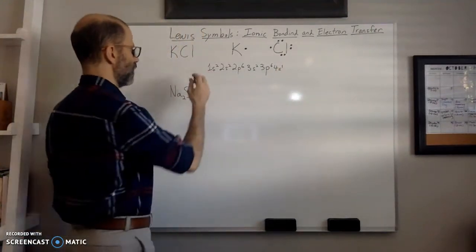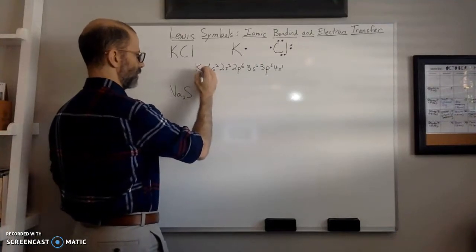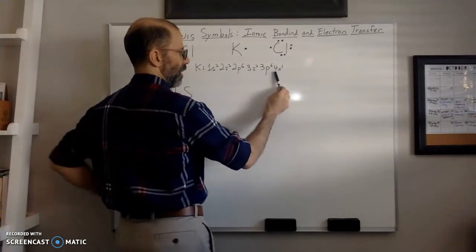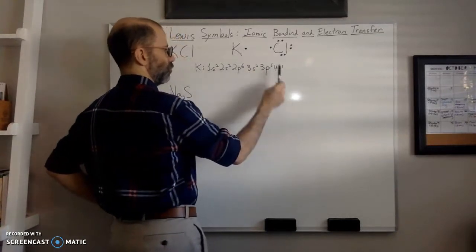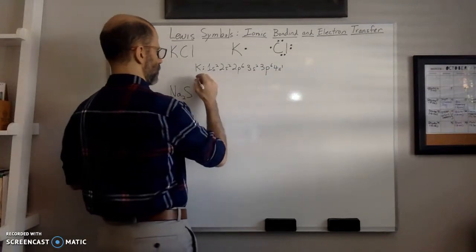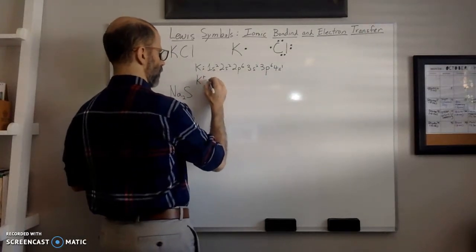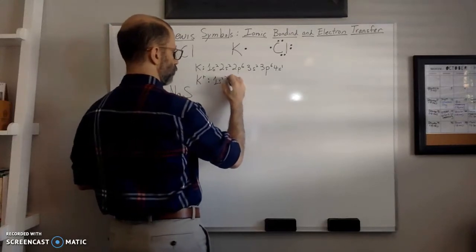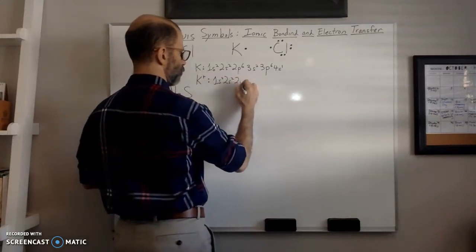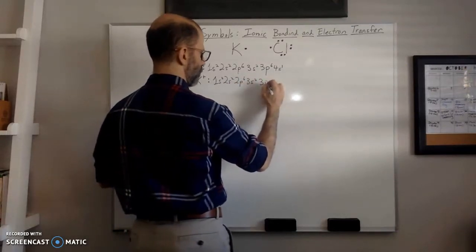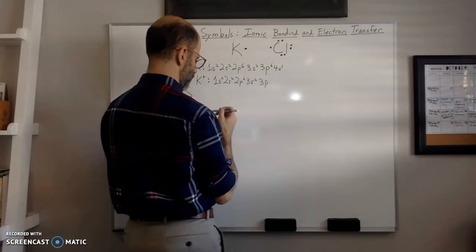So this is the electron configuration for potassium. This is the one valence electron that I want to lose. If I lose it, then look what happens. I get K plus, the positive ion, which is going to be 1s2, 2s2, 2p6, 3s2, 3p6.